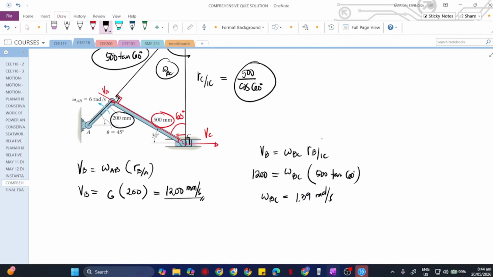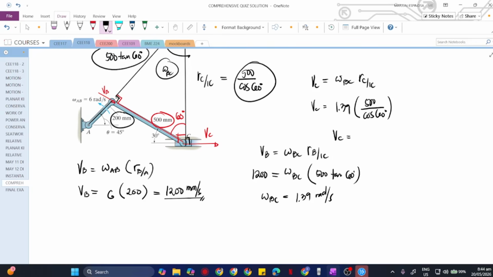Therefore, our VC, the velocity of the block at point C, will be equivalent to the angular velocity BC times RCIC, the position of point C from its instantaneous center. So, VC will be equivalent to the 1.39 we got earlier, multiplied by 500 all over cosine of 60 degrees.